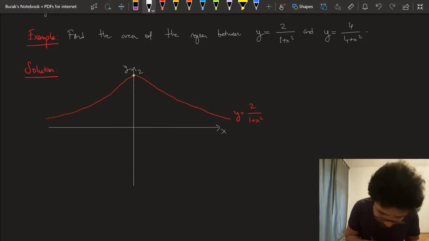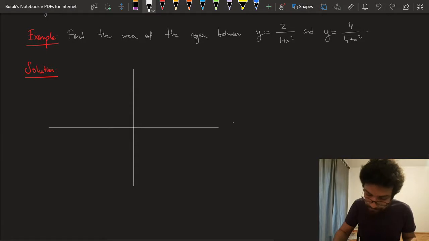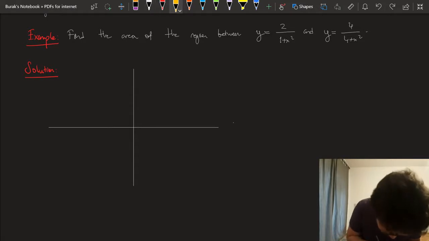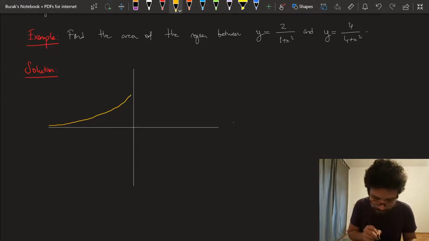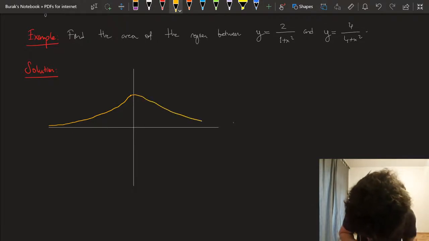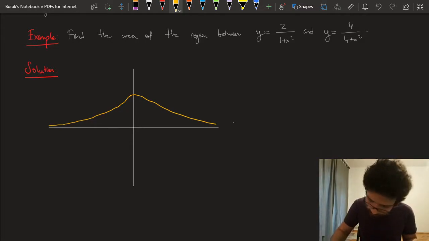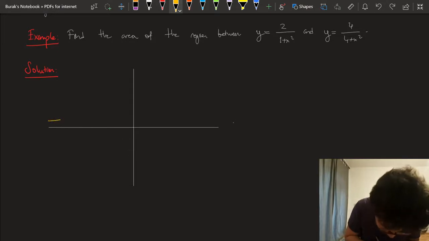This is bad. I should draw the other one first. Let me draw the second one. Okay, I'm so good at drawing this.